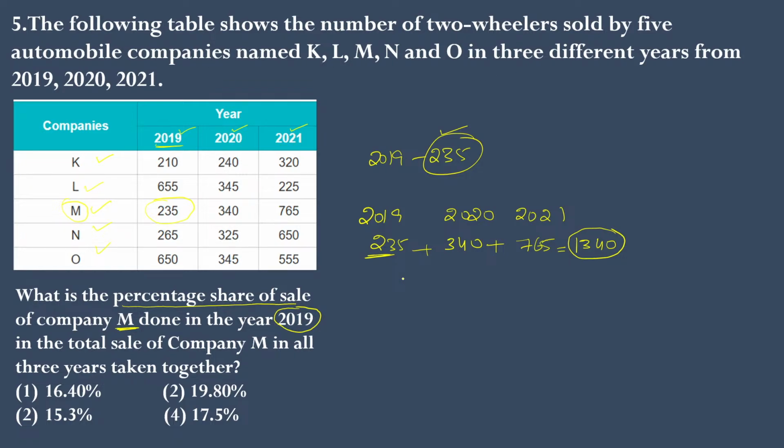Percentage share is equal to sales in 2019 divided by total sales in all 3 years, into 100.